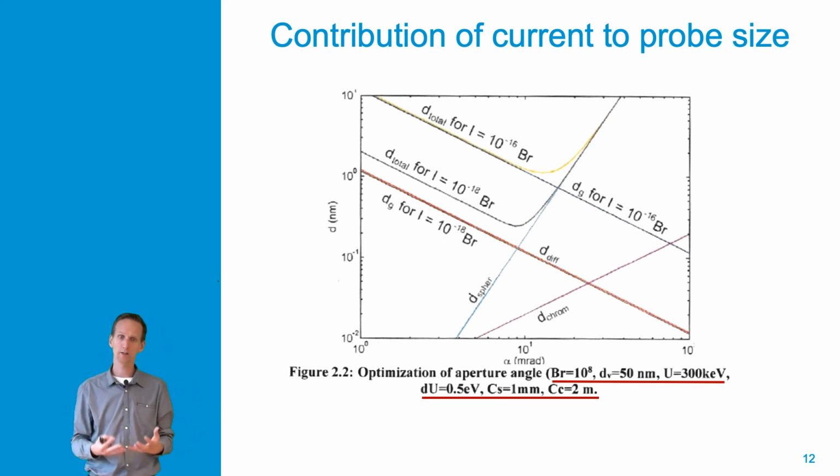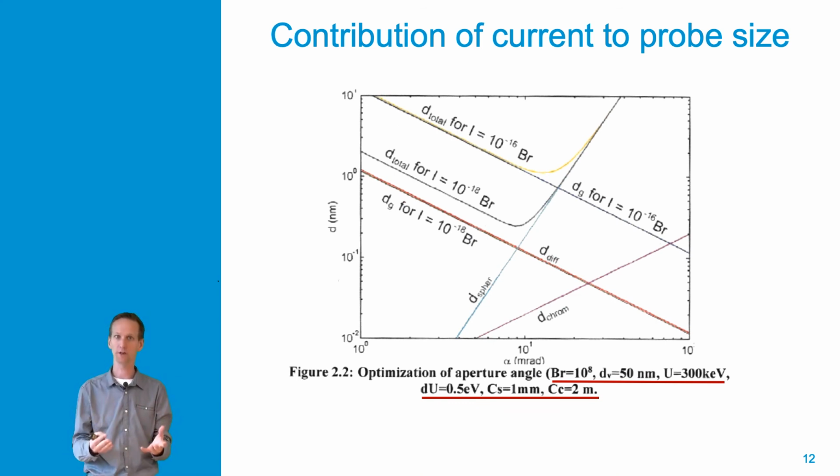First, the blue line gives the contribution given by spherical aberration. Note that the plot is logarithmic and the curve here gives a third power dependence. In purple we see the chromatic aberration coefficient, which goes as the power 1, indeed a slower slope than the spherical aberration curve. Next we see in red the contribution of diffraction to the probe size.